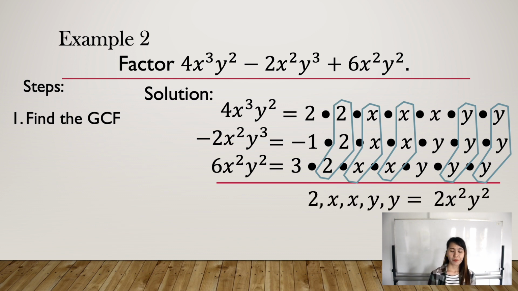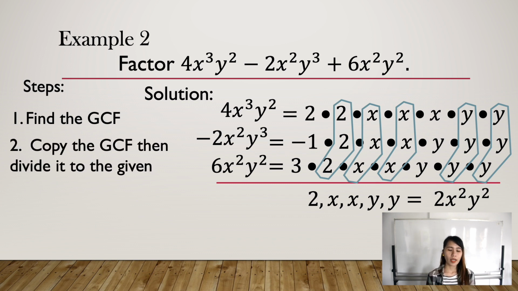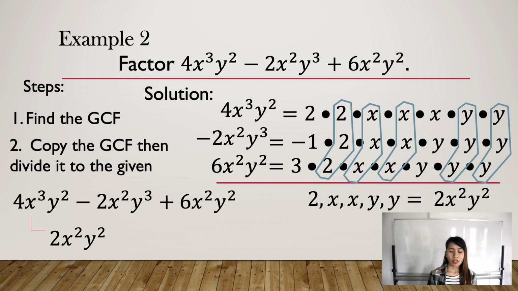So let's copy and divide it into our given. 4x cubed y squared divided by 2x squared y squared gives us 2x. Next, negative 2x squared y cubed divided by 2x squared y squared gives us negative y. Next, 6x squared y squared divided by 2x squared y squared, so we have plus 3.